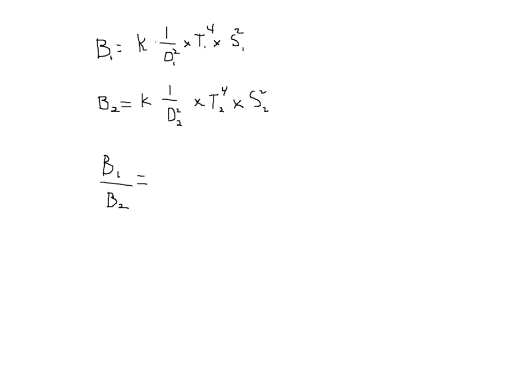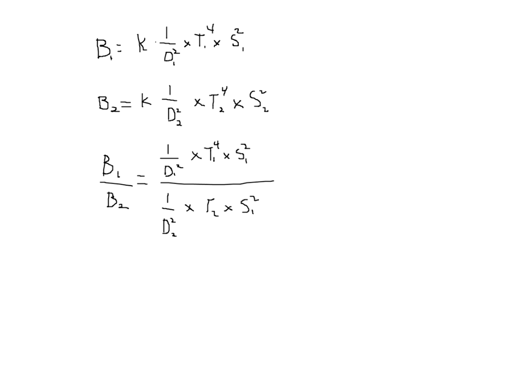So when you divide those two formulas, the k's drop out, and we will look at 1 over d1 squared times t1 to the 4th times s1 squared, all over 1 over d2 squared times t2 to the 4th times s2 squared.